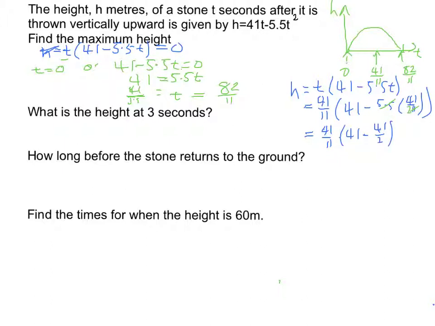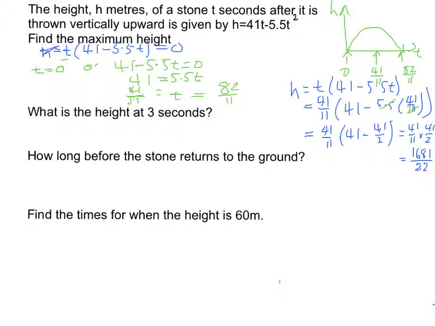That bracket will just be equal to 41 over 2, so this will be equal to 41 over 11 multiplied by 41 over 2. And off the top of your head, you'll know that 41 squared is 1681, and 11 times 2 is 22.